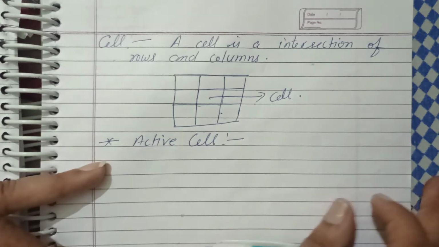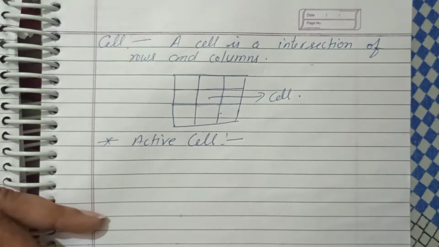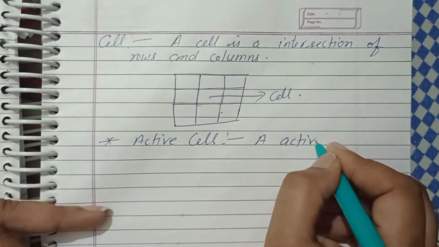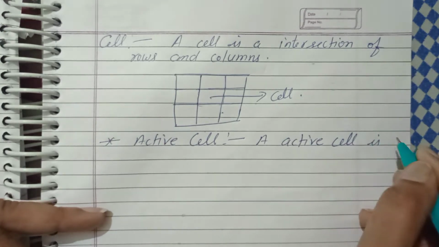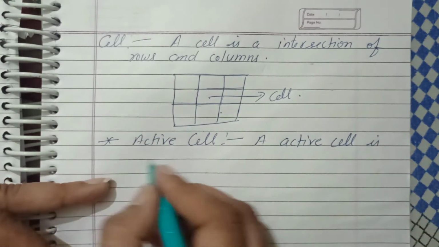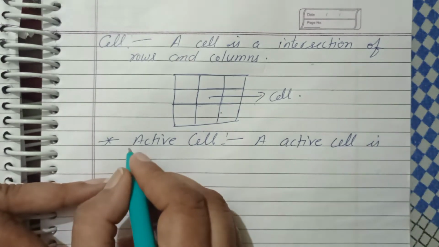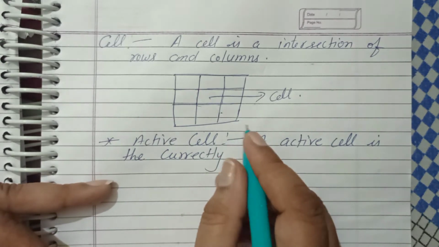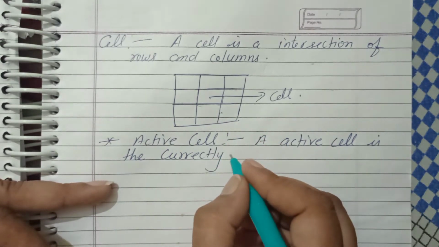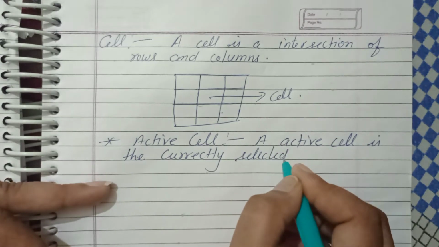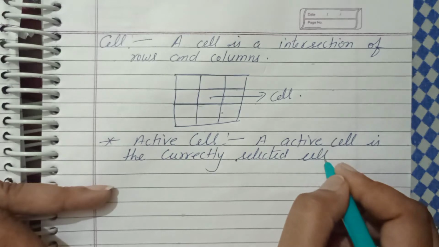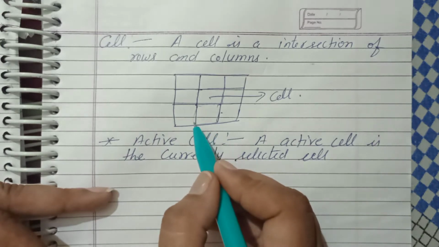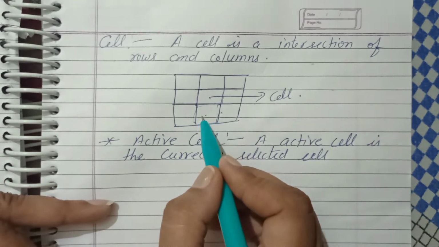What is this? An active cell is a currently selected cell. Means if in this worksheet this cell is selected at the present time, it means this is the selected cell or active cell.